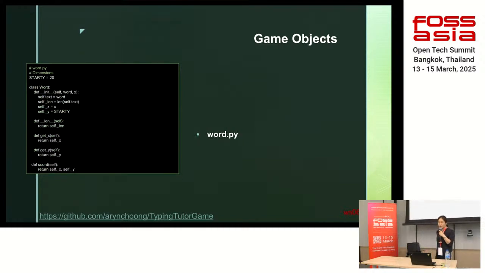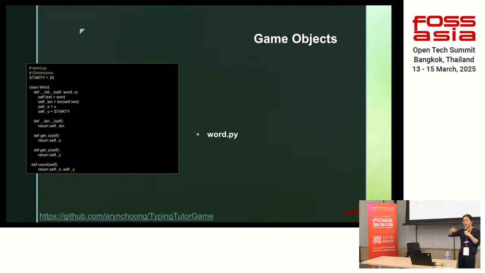And then we create a word.py so that we can have all the methods required to manipulate all the word objects. Simple manipulation that we need is, of course, getting the x and y of the word. So each word, when we create the word for the game object, we want to initialize it with an x and y. We randomize it for now, right?